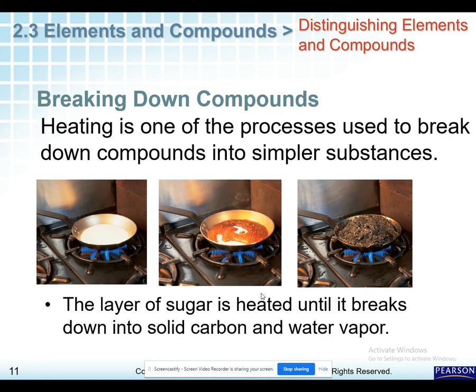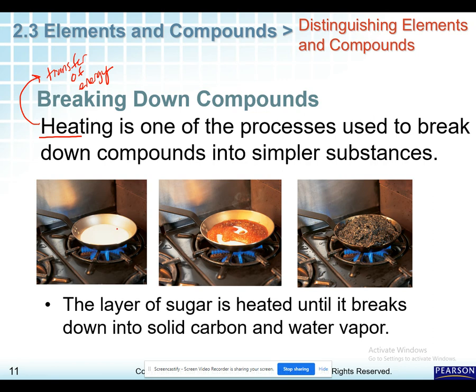A good example that your book likes to use, and this is going to be a question on your worksheet, is that one way to break down compounds is heating it up. So heating, remember, is a transfer of energy. Here we have sugar, and the heat from the stove, or the energy from the stove, is being transferred to the sugar.